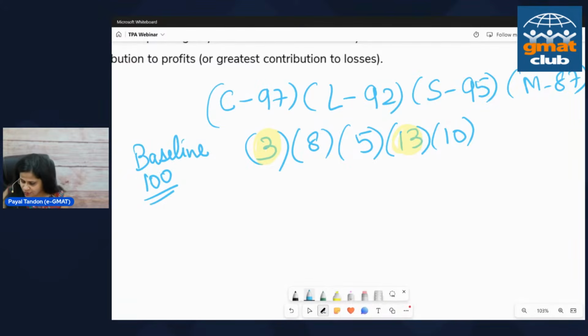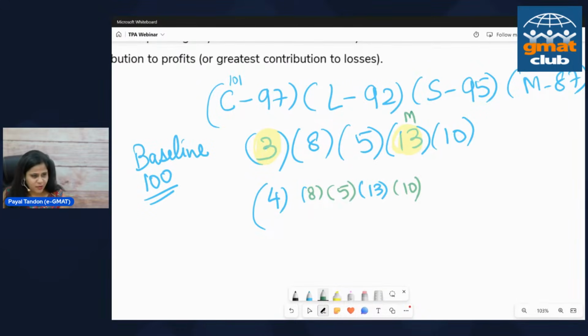Now I'm going to first assume that this C number is actually 101, which means that this difference is going to become 4. All of the others will remain the same. I'm going to keep them in this different color. Then I'm also going to make this 13 because that's what I'm changing, and then this is 10. Next, I'm going to make my M as 101.